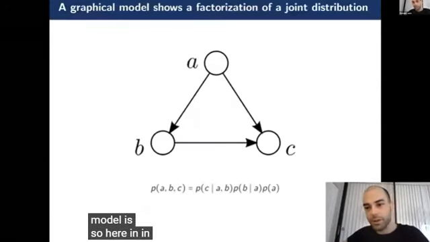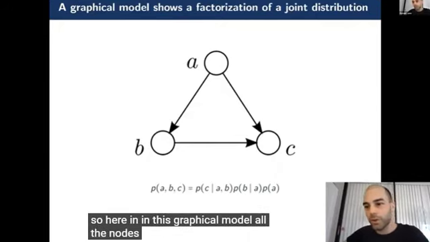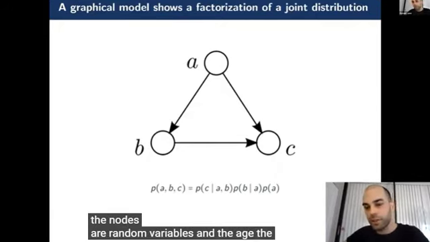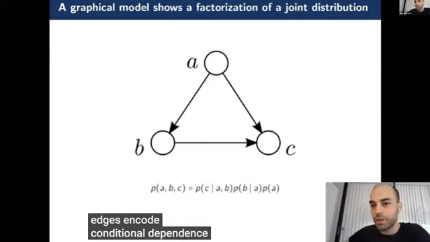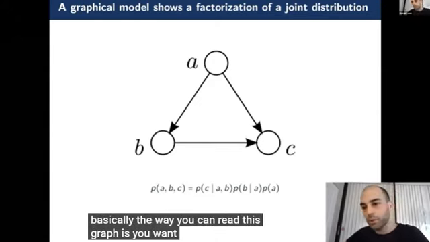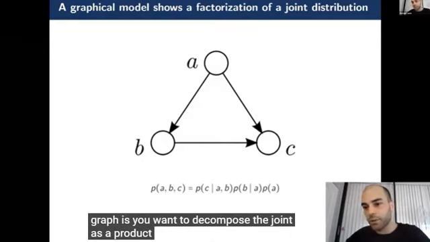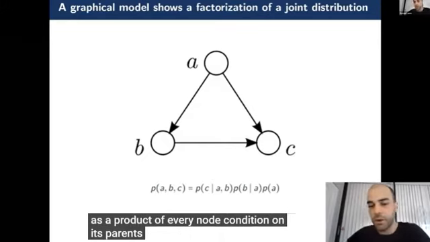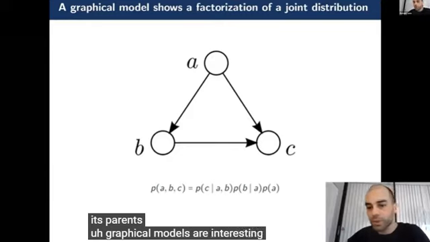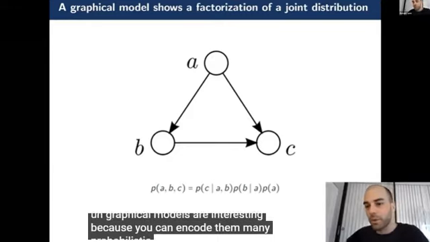So here in this graphical model, all the nodes are random variables, and the edges encode conditional dependence. The way you can read this graph is you want to decompose the joint as a product of every node conditioned on its parents. Graphical models are interesting because you can encode many probabilistic properties.